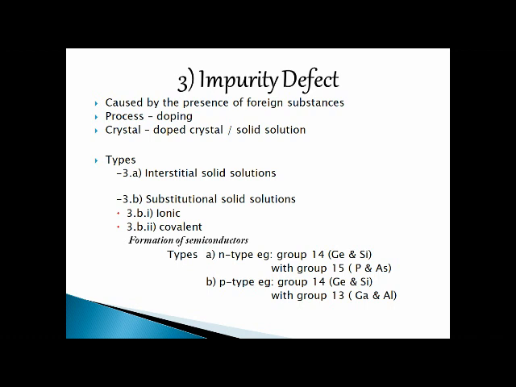So when group 14 and group 13 are doped with each other, there is a missing of one electron. So a hole arises. So due to the presence of the hole, there is conduction of electricity.